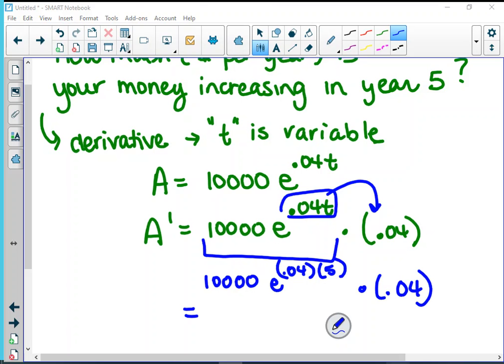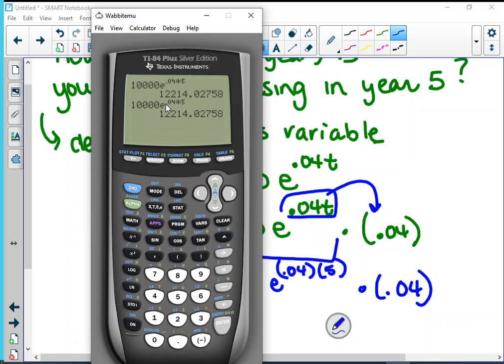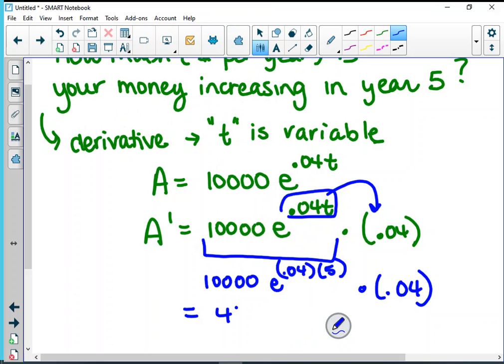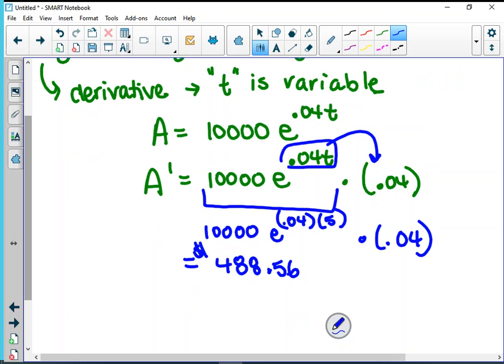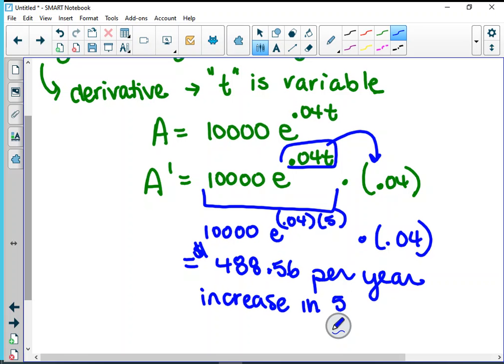So in the 5th year, my money is increasing by $488.56 per year. And it's a rate of change, so it's something per something, units per unit of time. In this case, it's dollars per year. And that's how we're increasing in the 5th year.